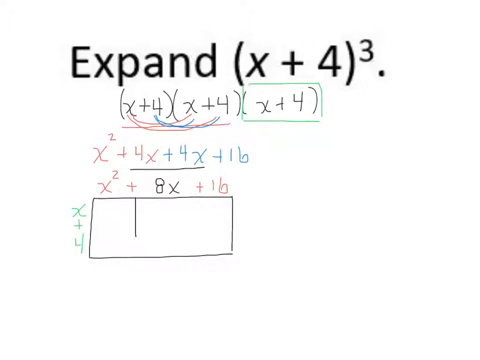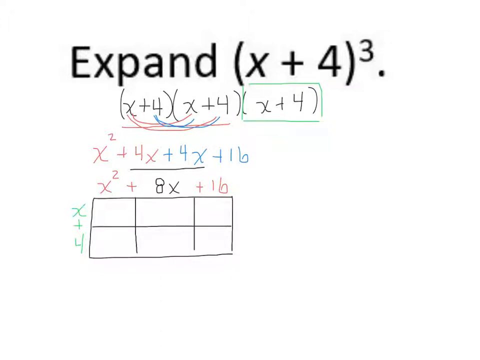So I've got an x squared that needs to be separated from an 8x, and an 8x that needs to be separated from a 16. And then for the green polynomial, I have an x that needs to be separated from the 4. So what I'm doing is breaking my polynomials into the pieces that need to be multiplied together.